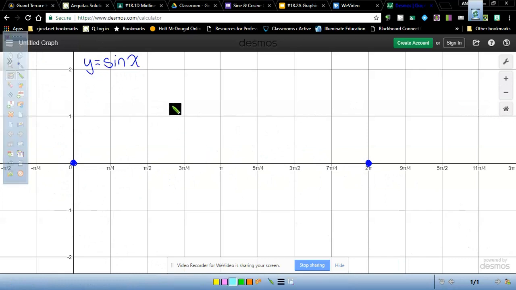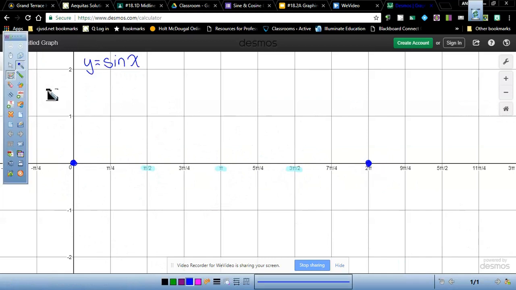The key angles for sine are every pi over 2 angle on our unit circle. So pi over 2, 2 pi over 2, which is pi, 3 pi over 2, and then 4 pi over 2, which is our 2 pi. So sine starts from 0, 0, and then it goes to its crest, or its a value above the midline.